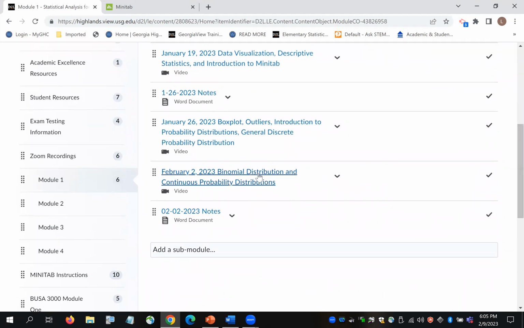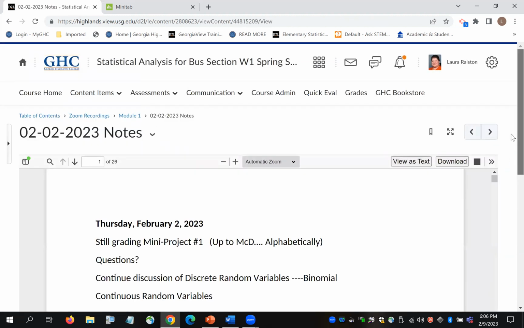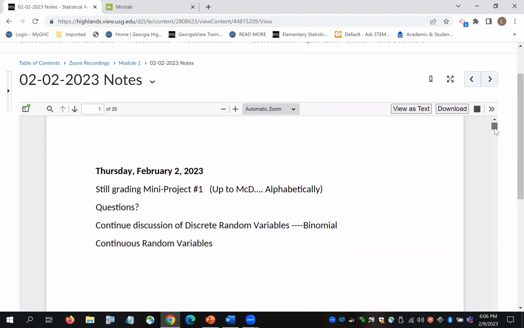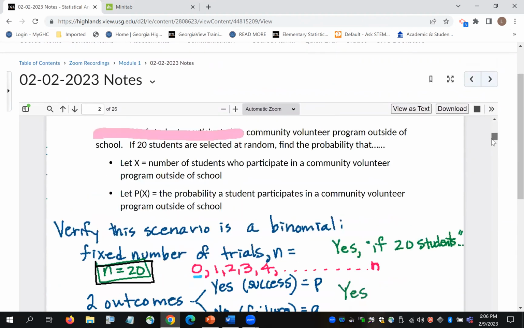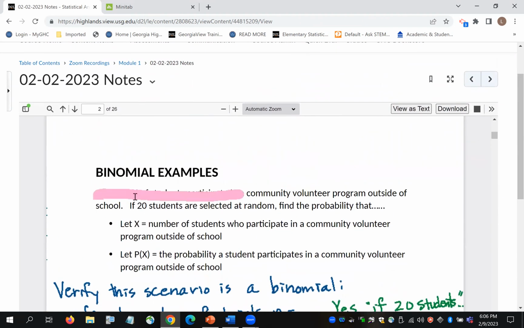Like last week we covered the binomial and continuous probability, and again the notes are there. I did notice something, and so I will try to avoid doing that anymore until I can figure out why it's doing it. As I was glancing back through these, I noticed that when I'm using the highlighter, which I thought would highlight, it's actually covering it up.